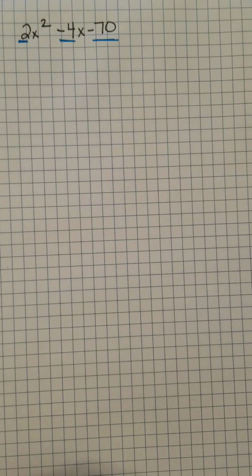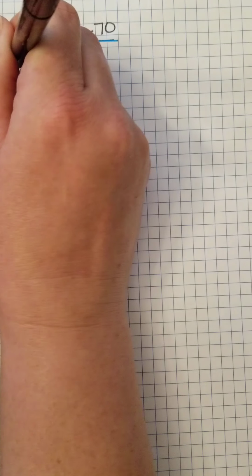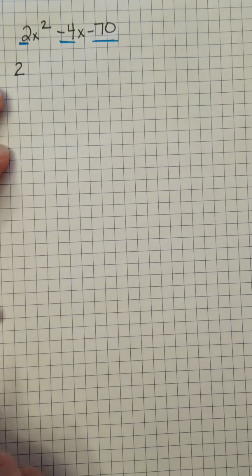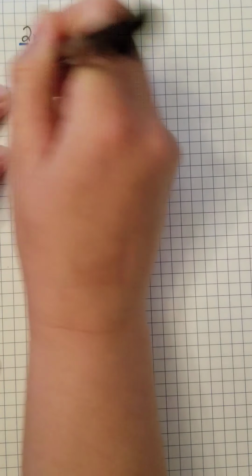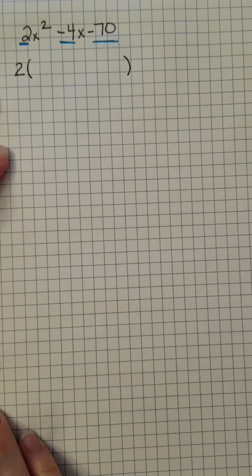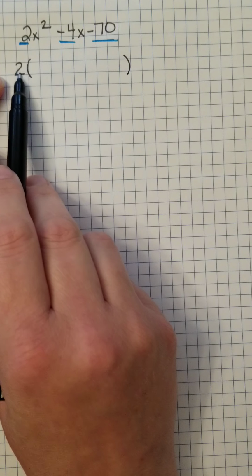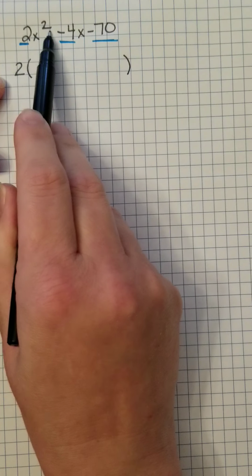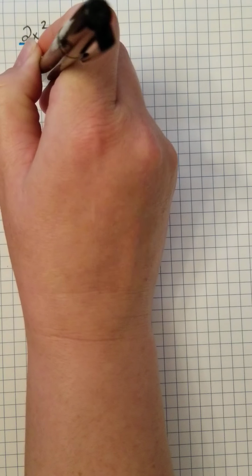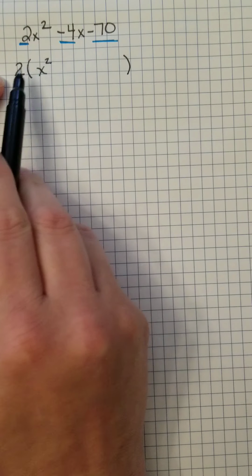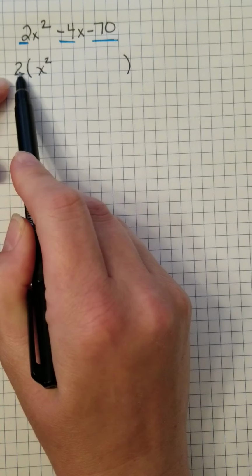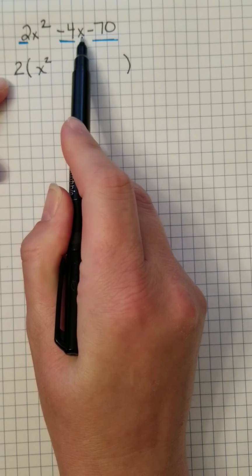That means I'm going to put the 2 on the outside of parentheses. So when I do that, now all I need to do is figure out what do I multiply 2 by to get to 2x squared. Well, that would be 2 times x squared gives me 2x squared. 2 times what will give me -4x?